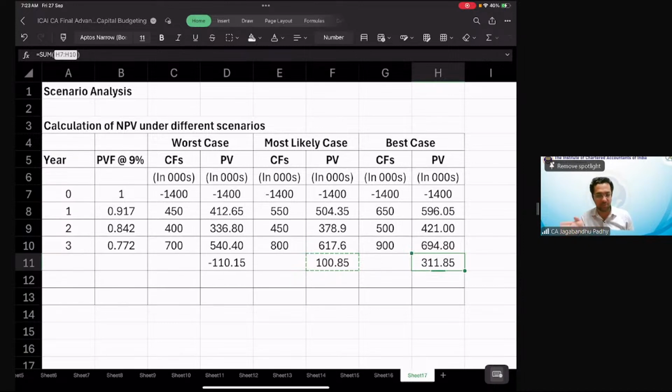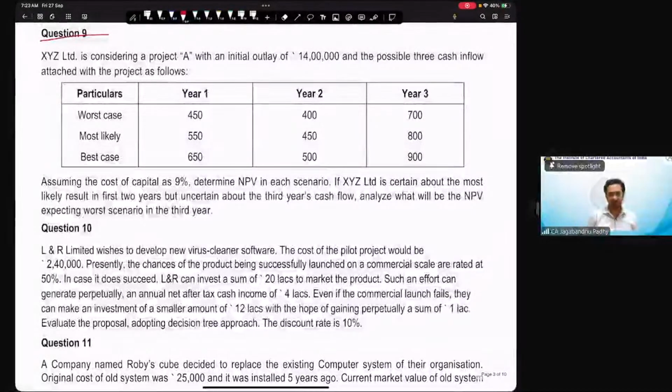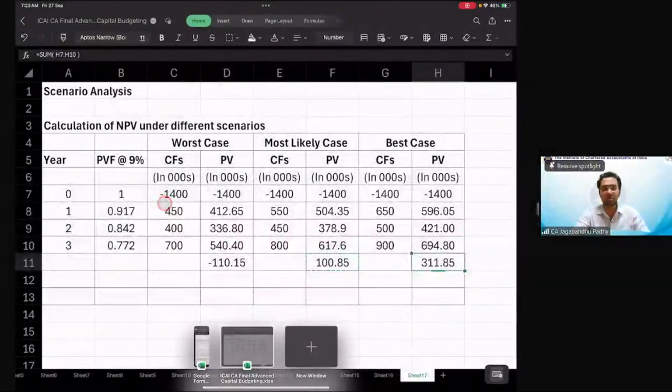We are having three different scenarios: worst case, most likely, and the best case. Now, one more thing is expected in the question, which says, if it is certain that the most likely situation is going to happen in 2 years, but the situation is uncertain in the third year. So third year situation is uncertain, and therefore we would like to take the worst case scenario.